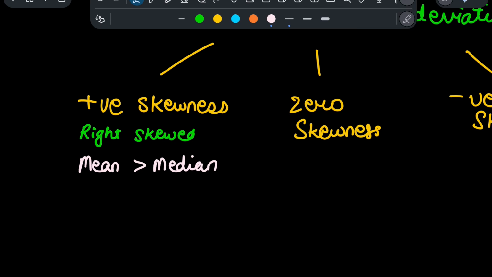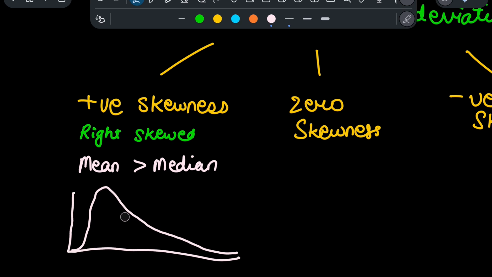Its graph looks something like this. If you see a graph like this, just assume that it is the positive skewness. The graph is right skewed and steeper on the left.